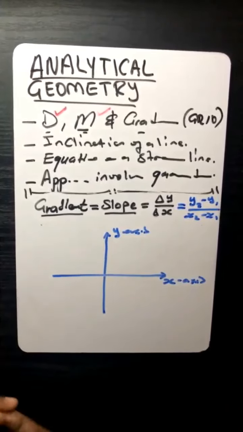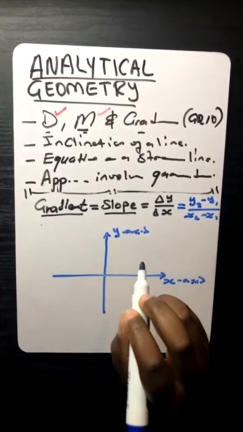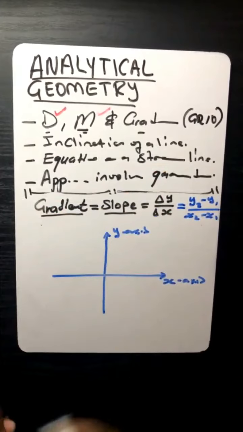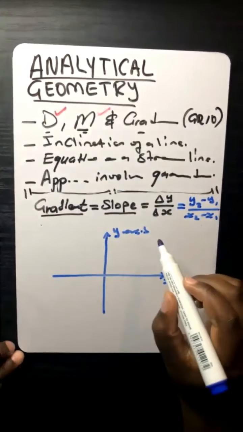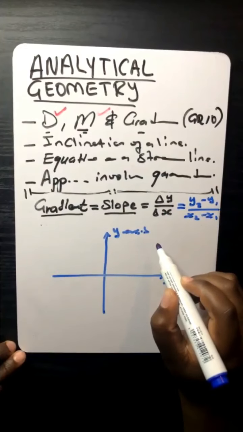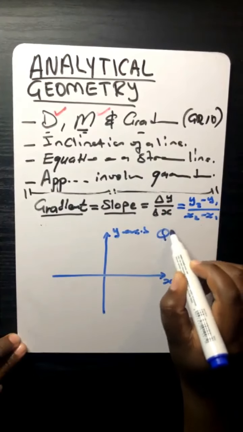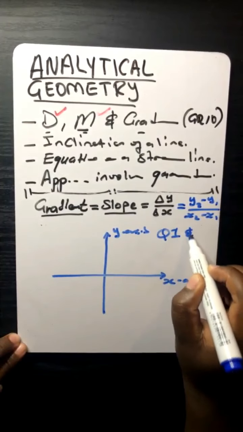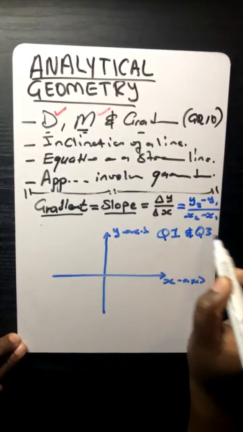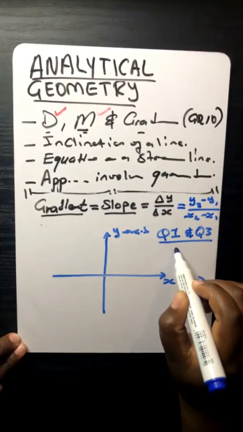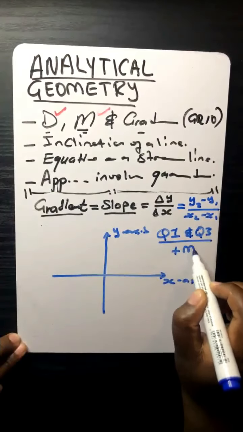So you can only have a positive and a negative slope. That means for a straight line that is passing through quadrant number 1 and quadrant number 3, this is where we have a positive gradient.